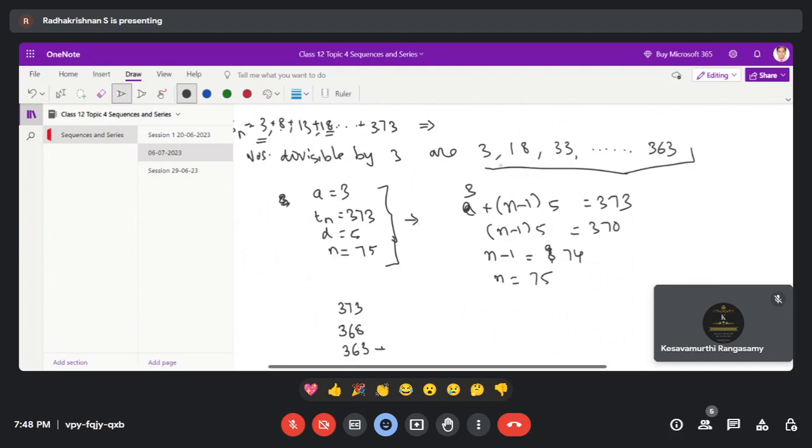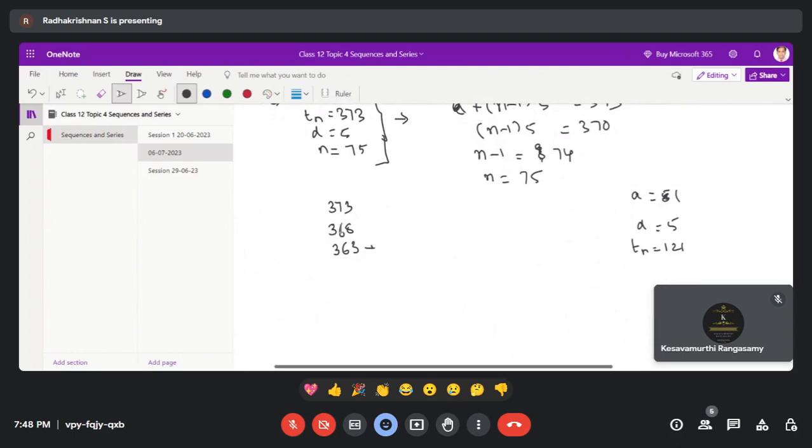Okay, so you can even divide them all by 3 and write 1, 6, 11 up to 121. So you can write it even like this, just for simplification. Okay. So in this case, A is 1, D is 5, and Tn is 121.